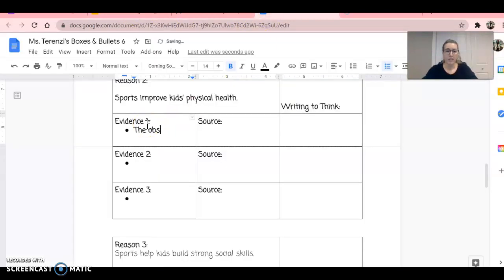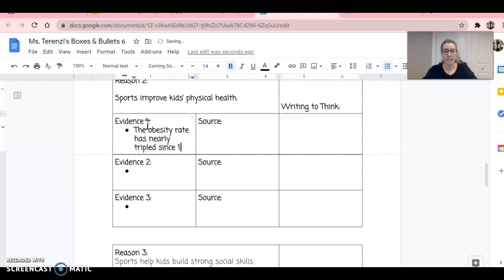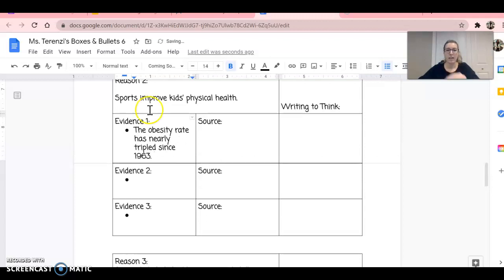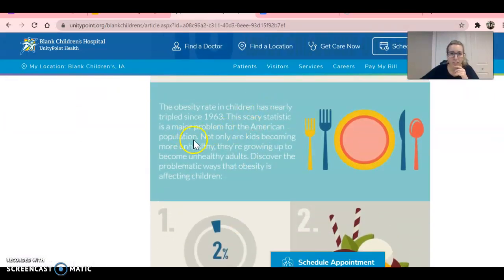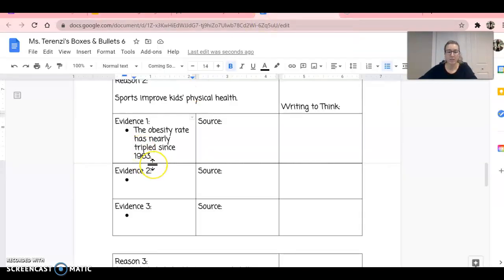The obesity rate has nearly tripled since 1963. And I also found on here that not only are kids becoming unhealthy, they're growing up to become unhealthy adults. So I'm going to include that in there as well.